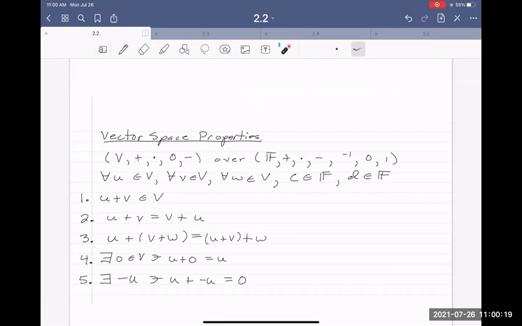And so a scalar multiple, a number times a vector, gives you a vector. Okay.